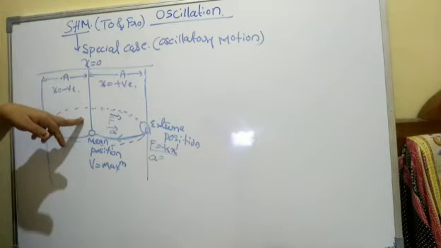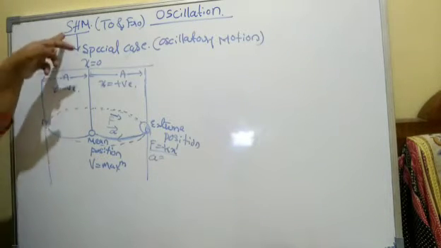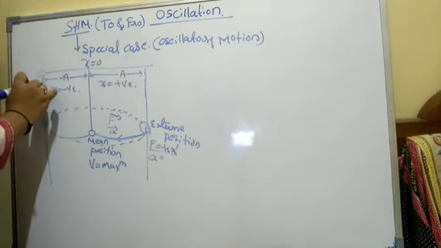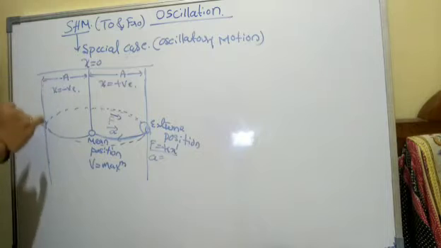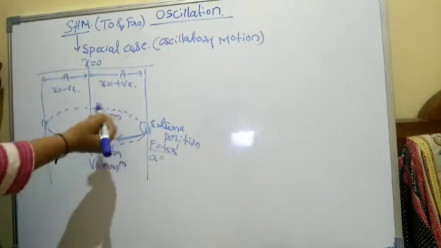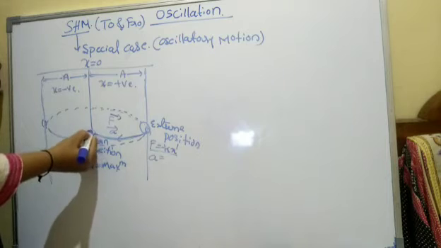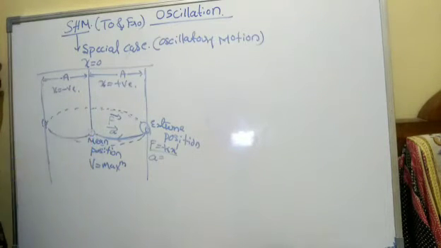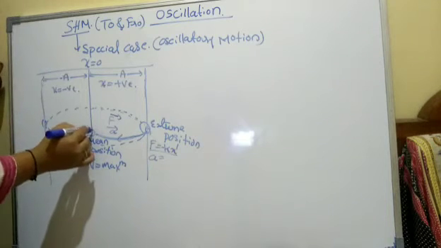In simple harmonic motion, in short form SHM, in this form of oscillation the body executes the to and fro motion. The force experienced by the particle is towards the mean position, where its velocity is a maximum.